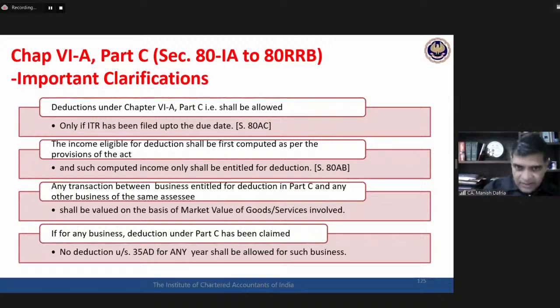But now the law provides that if you have claimed a deduction under Part C in any year, then you will become debarred from 35AD for the whole of your life. 35AD deduction cannot be claimed for any of the years. Okay, fine. Let's again take certain queries in between.